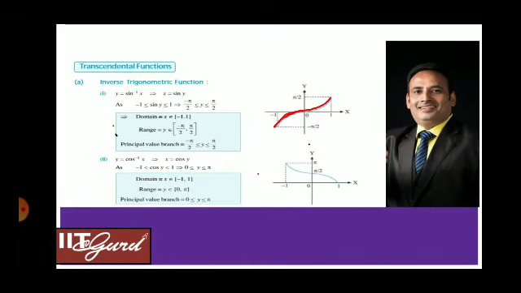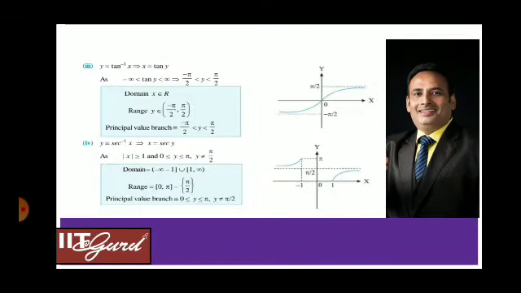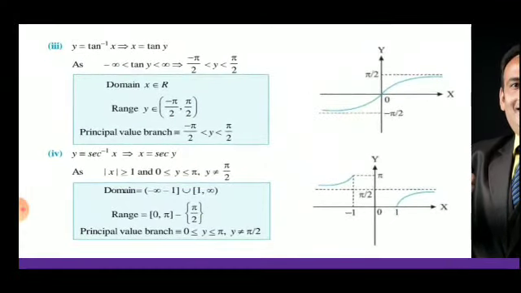Okay, let's come to tan inverse x. So y equal to tan inverse x. The range of tan x is all real numbers, and the domain of tan is not defined at odd multiples of pi by 2.